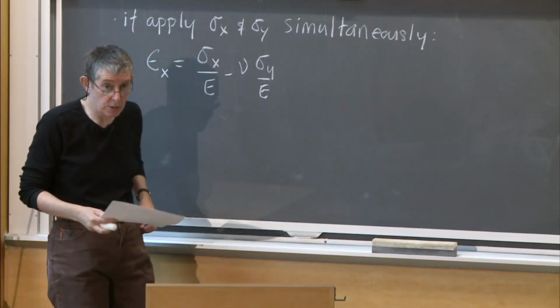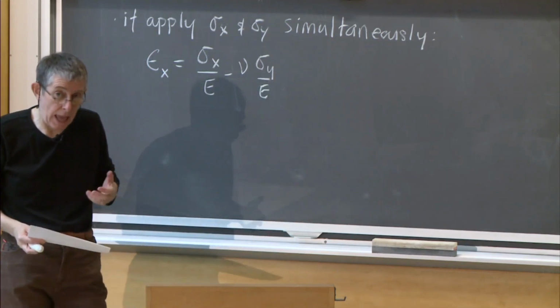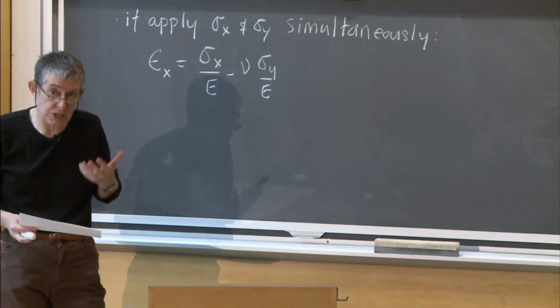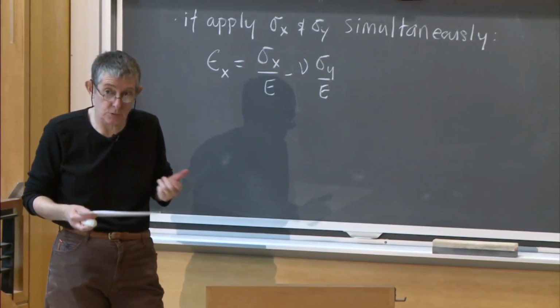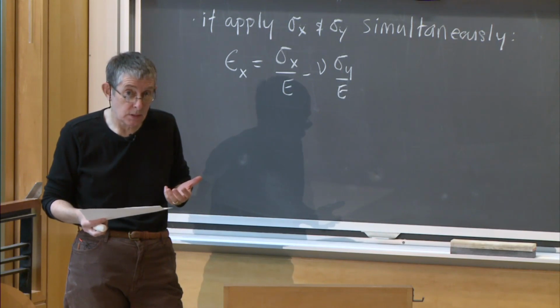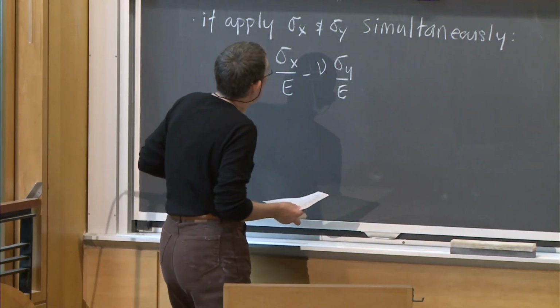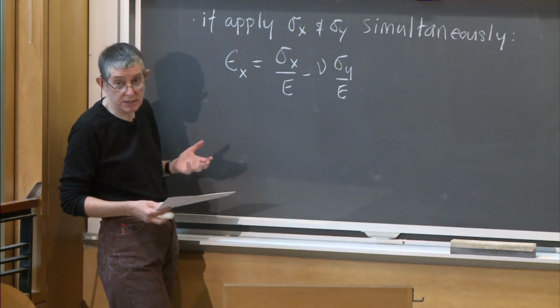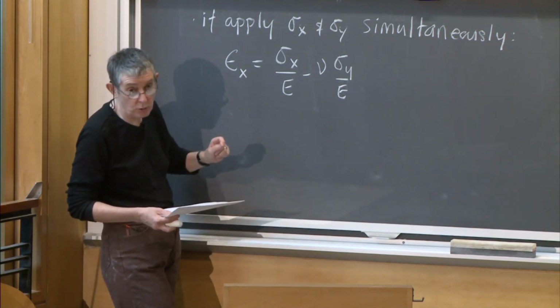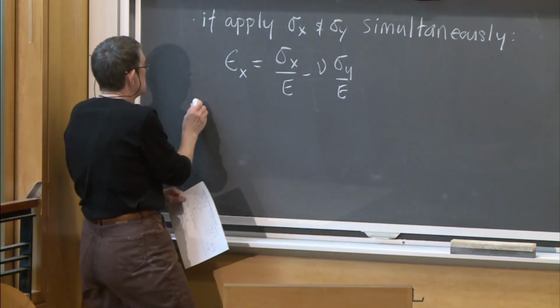Okay, so that's my strain. Because it's linear elastic, because it's linear, I can just add the things up. It doesn't really matter what order I apply them in. All right, and then if I applied sigma x and sigma y and sigma z, I would have another term, and I could just add that on.